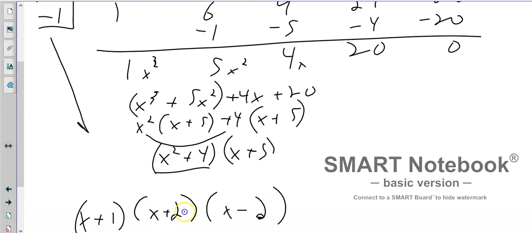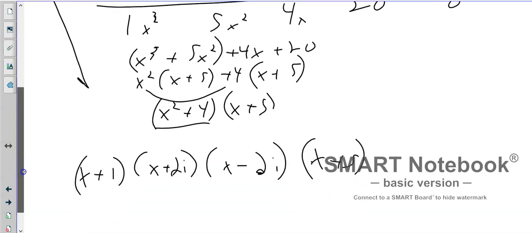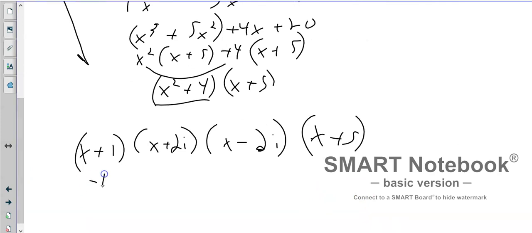The only thing we need to do is add an i in there. And then x plus 5. Not x minus 5, x plus 5. So I have a 0 at -1. I have a 0 at -5. These two are non-real answers. Okay? So I have 2 real zeros and 2 non-real zeros.